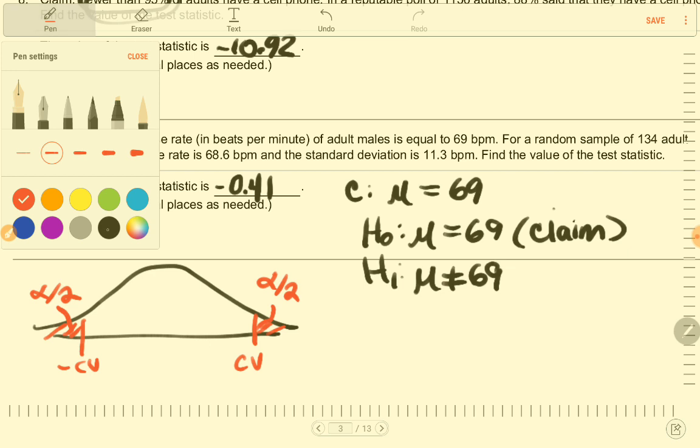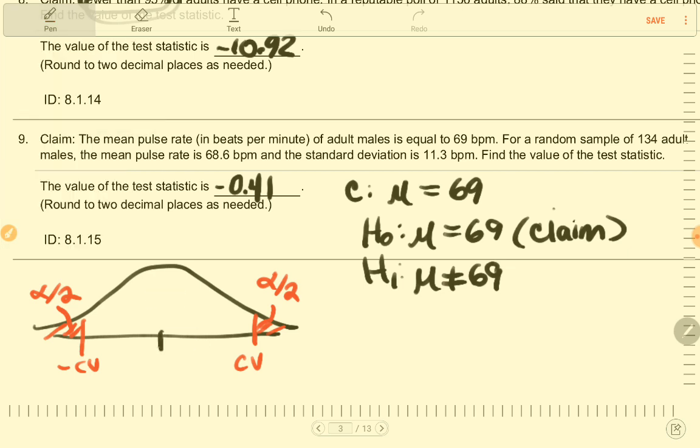This is a t-distribution because we don't know sigma, it's unknown. So we just use S, which is 11.3. And this is a t-distribution, right? So that makes my critical values t-scores and also my test statistic a t-score.